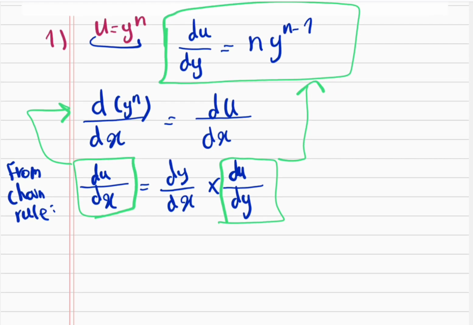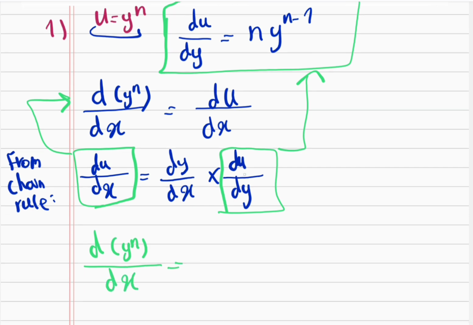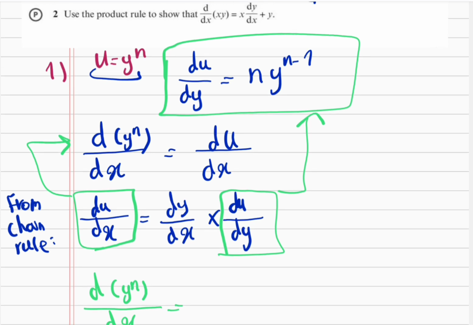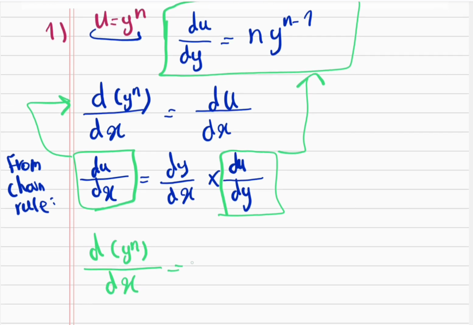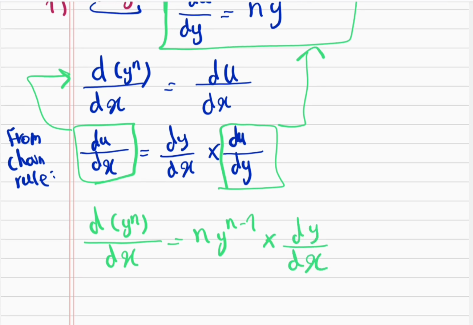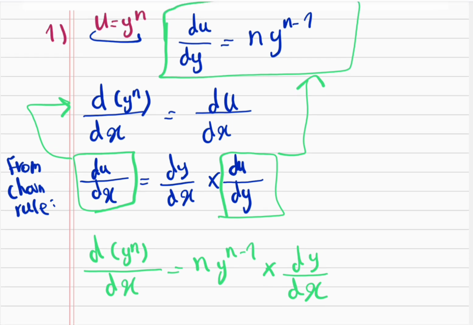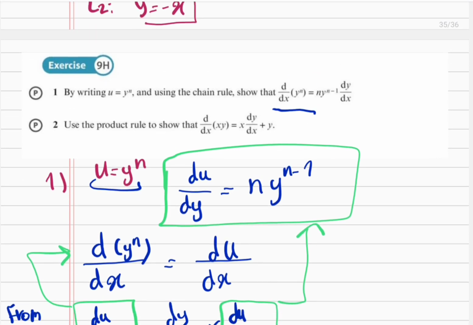Now it's the substitution time. We know that du dx is equal to d y to the power of n over dx, and du dy is equal to n times y to the power of n minus 1 times dy dx. And that's exactly what we wanted to show.